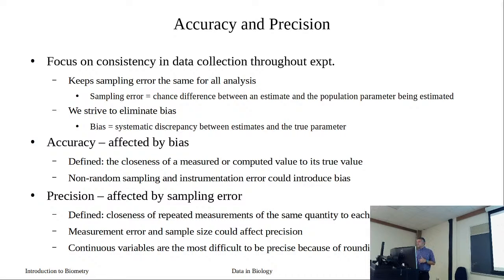Now, with our analyses and with our measurements, we always strive to eliminate bias, but we recognize that sometimes this just isn't possible. So what's bias? Bias is a systematic discrepancy between estimates and a true parameter. An example of this is if we were measuring heights, and we're using a tape measure, but let's say the tape measure is off by 1 inch.